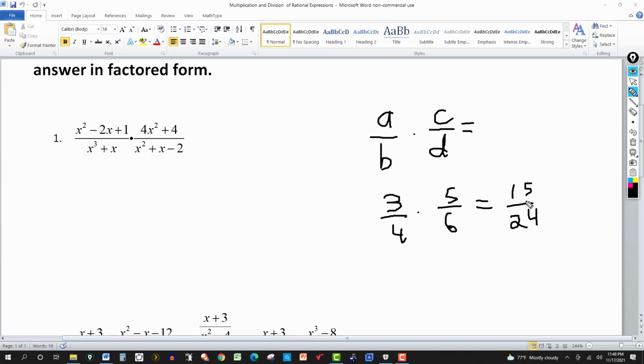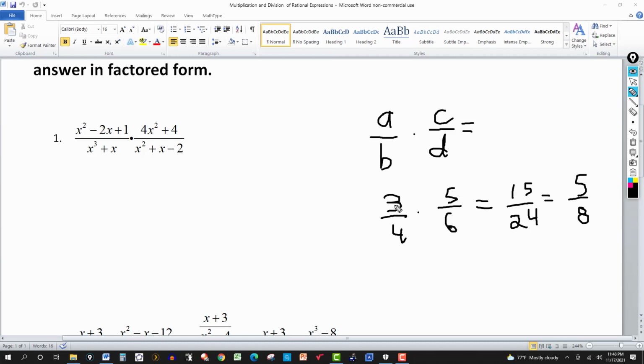And then we reduce the result here. 15 and 24 have a factor of 3 in common, so if I divide 3 into 15, I get 5. And 3 into 24 goes 8. So I could just multiply the numerators, multiply the denominators, and then reduce it.